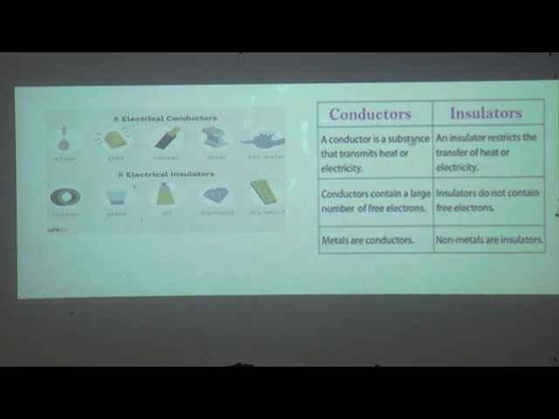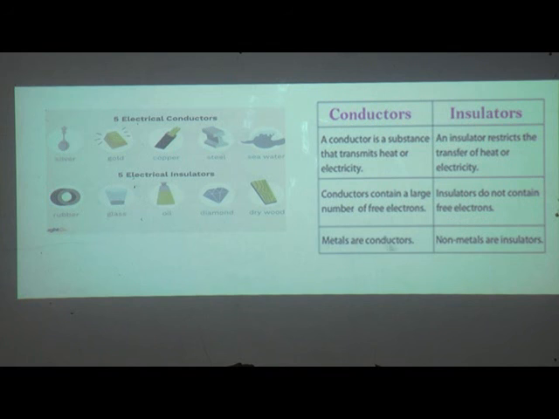Now the difference between them. A conductor is a substance that transmits heat or electricity, but an insulator restricts the transfer of heat or electricity. Conductors contain a large number of free electrons, but insulators do not contain free electrons.